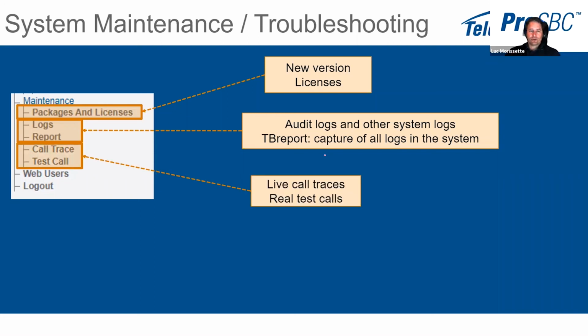Call trace, for sure, if you have used the system, you have gone to call trace. This will give you a live call trace of what is going on in the system. You see the calls incoming in the system and which route has been chosen for the outgoing call. And you can also export those call traces so they can be studied later.